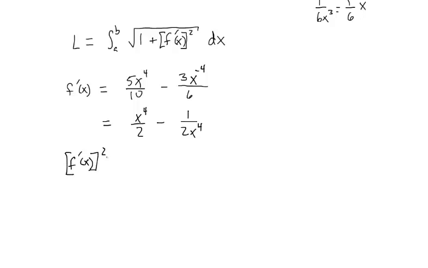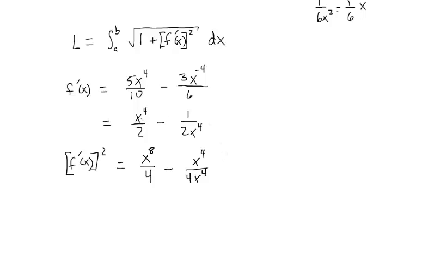squared, and that is equal to x to the fourth over 2 times x to the fourth over 2 is x to the eighth over 4. And then we have x to the fourth over 2 times negative 1 over 2x to the fourth, which is minus x to the fourth divided by 4x to the fourth.